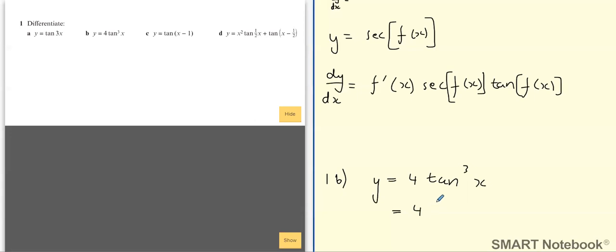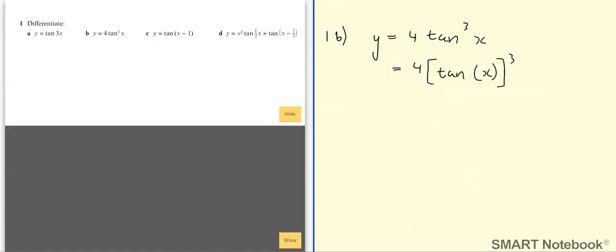So we're going to leave the 4 outside, and we're going to write tan x cubed. Very important that you write that in index form, and then from there, what are you going to do? Please tell me in the chat how you're going to actually start off differentiating this. What technique?